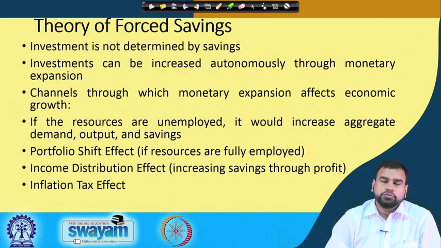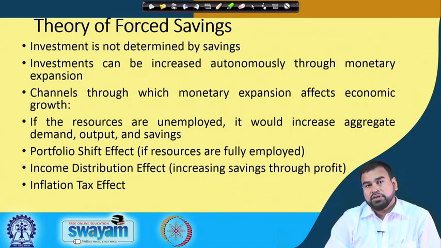In this sense, this theory does not subscribe that investment is always determined by savings. Otherwise, it says saving can also be determined by the investment itself. Saving can change once the investment in the system changes.